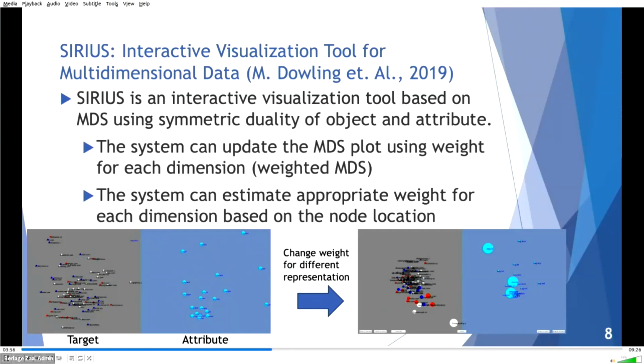The system can update the MDS plot using a weight for each dimension. This is an example of changing the weight of attributes for calculating the distance. Based on this new information, new MDS results are generated. Sirius also has a mechanism to estimate the appropriate weights based on interactive operations on node locations.